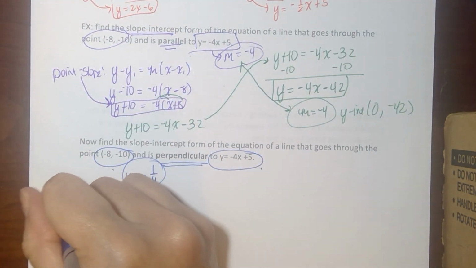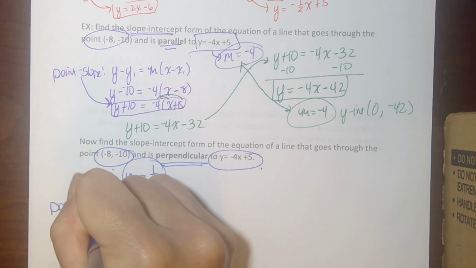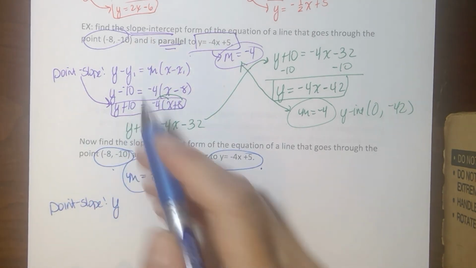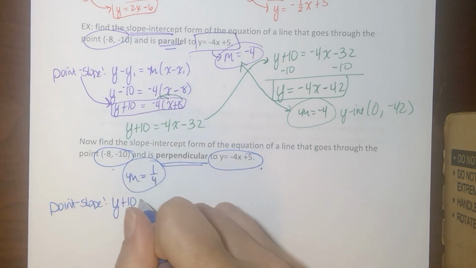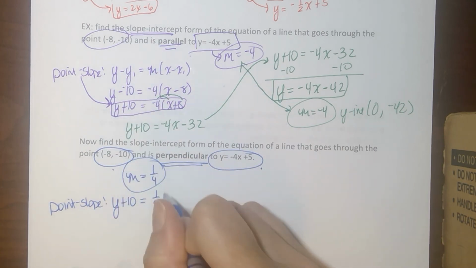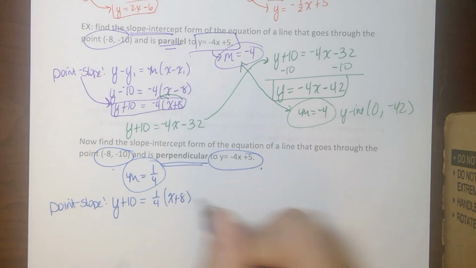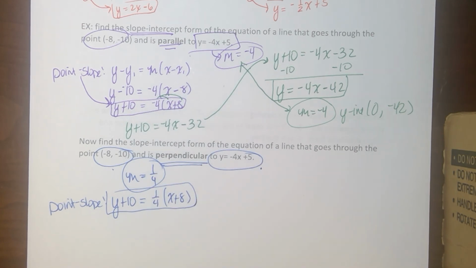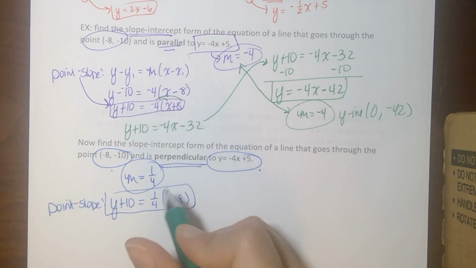Point slope form first. Y minus y sub 1 becomes y plus 10, equals, this time my slope is a positive 1/4, and then over here I have x plus 8 again. This is the point slope form, that's my starting place. I need to turn it into the slope-intercept form.